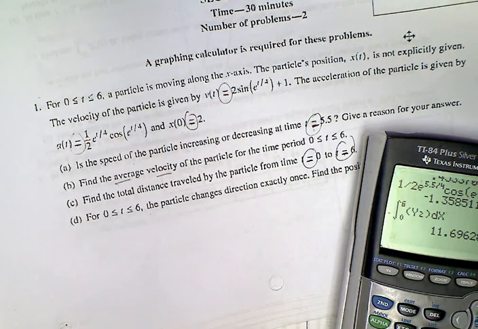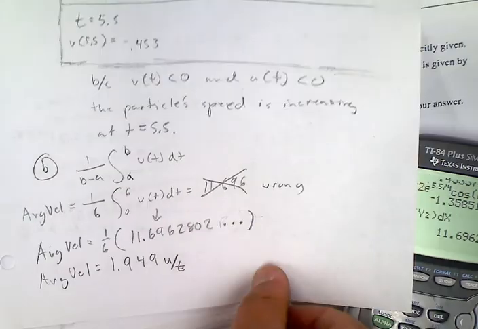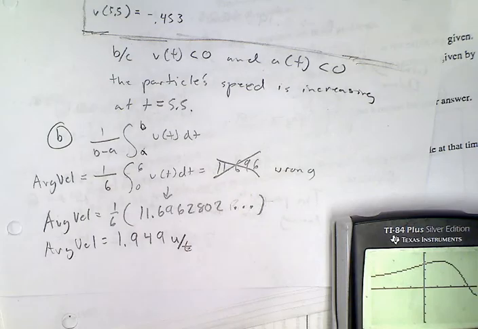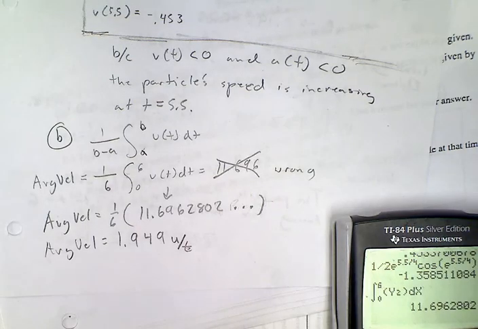Alright. So, let me show you this. This is wrong. Look. If you write this on the AP exam, you will be wrong. Let's look right here. This next part, you can just write the answer for your calculator, but be careful how you write your answer. Because the answer is 11.696.